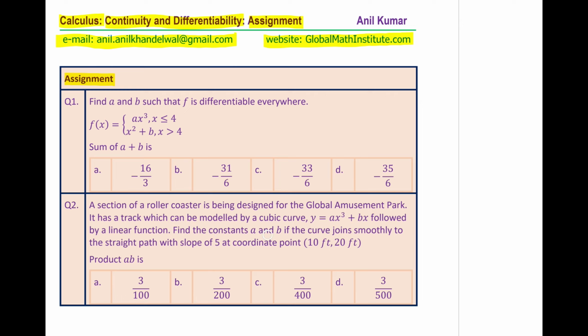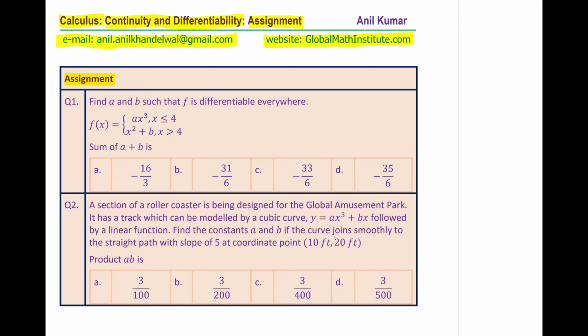Find the constants a and b if the curve joins smoothly to the straight path with slope of 5 at the coordinate point (10 feet, 20 feet). The product of a and b is what? The multiple choice is, once you calculate the values of parameters a and b, then their product is given to you. You can pause the video, answer, and then look into my suggestions.